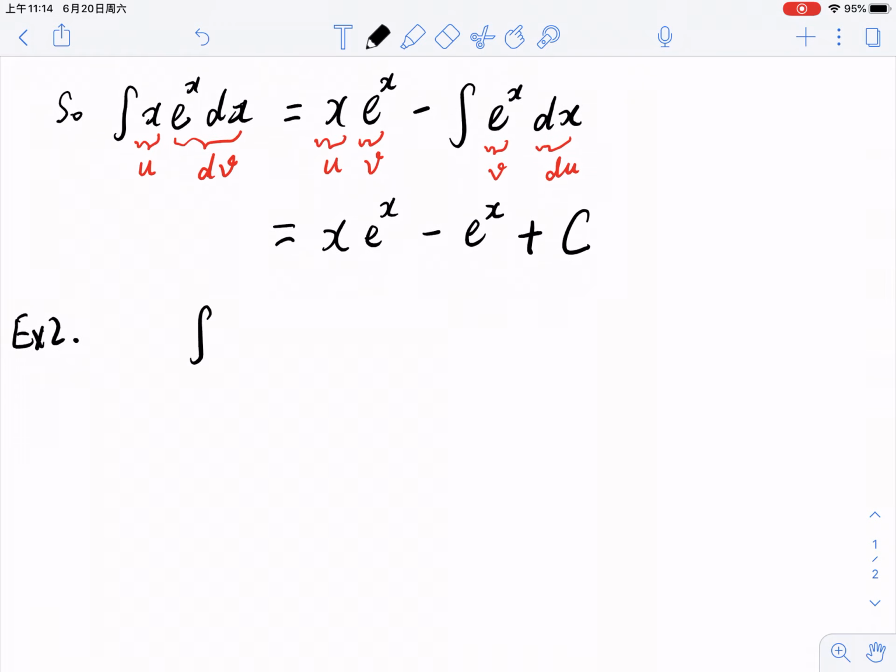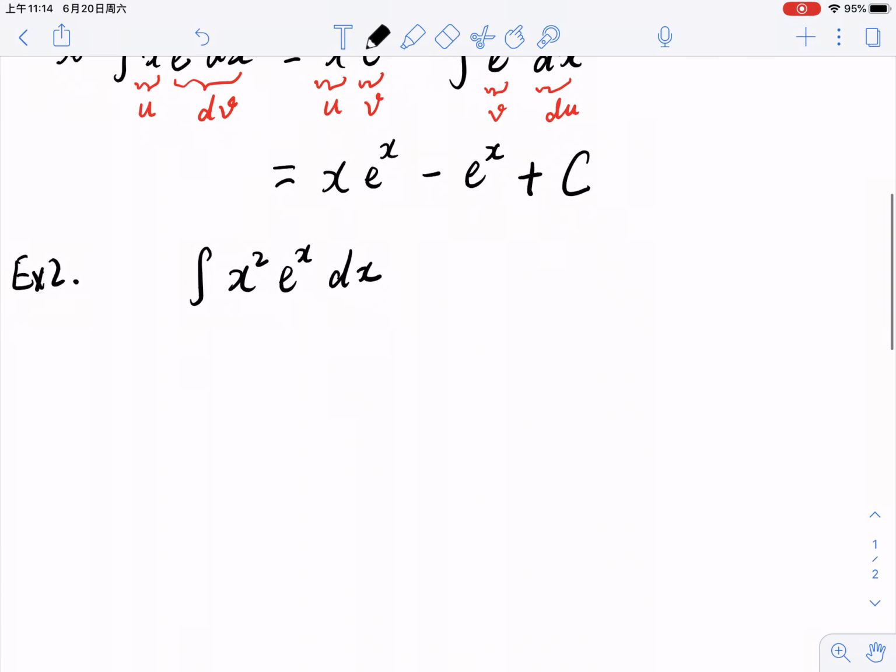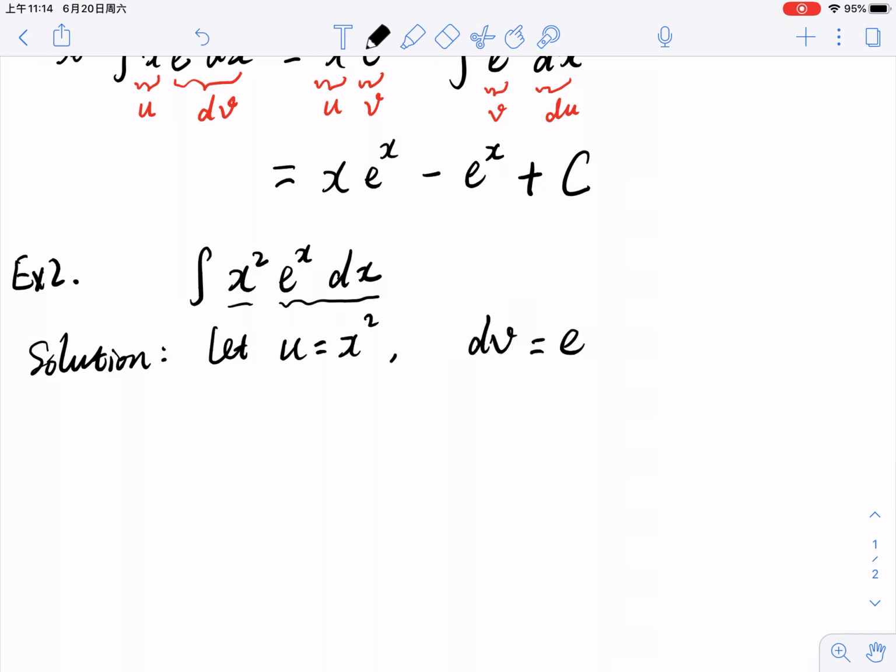The integral of x squared e^x dx. For this one, we still let u be the polynomial x squared, then whatever is left is dv. dv is e^x dx.